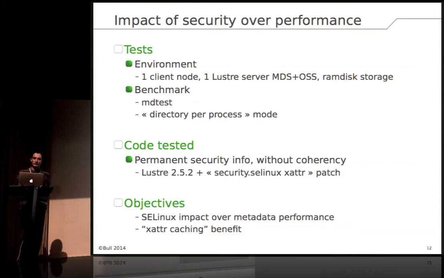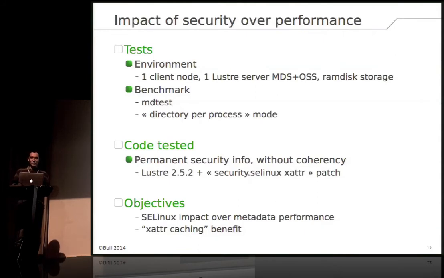It is made of one client node and one server that combines MDS and OSS functions, and it uses ramdisk storage. We use the mdtest metadata benchmark in directory per process mode, so every process writes and reads files in a dedicated directory.